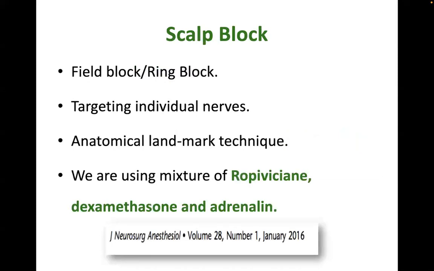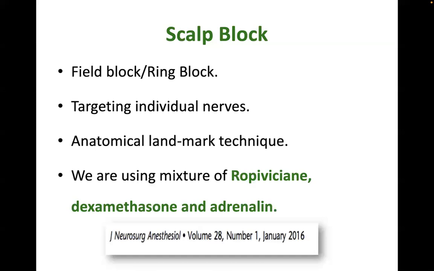In its classical form, the mainstay of analgesia for the awake craniotomy or any sort of supratentorial craniotomy is the skull block. So what is a skull block? It's a field block or ring block of the skull. Through this block, we target individual nerves using the anatomical landmark technique. The local anesthetic admixture one can use depends upon the availability of agent.